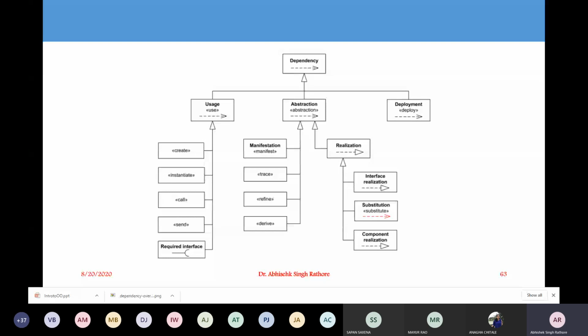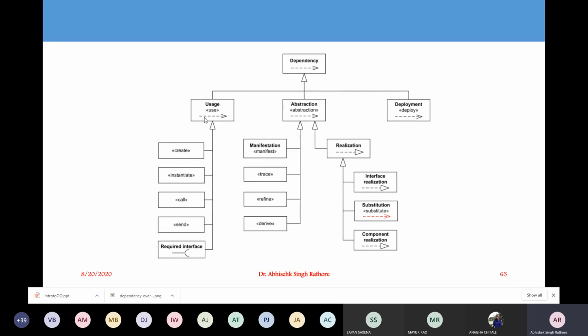These dependencies are available in the UML specification 2.4.1 and later versions. Dependency is generally shown as a dashed arrow, where the tail is at the client and it points to the supplier.